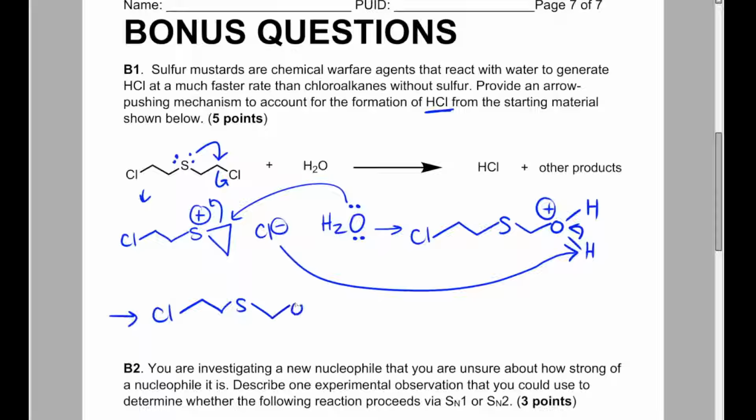So we're going to get something like this, and we're also going to get HCl as a product. So we're going to get an alcohol and HCl, or hydrochloric acid. But we're mainly focusing on HCl, so I just boxed HCl to show that this mechanism does indeed form HCl.